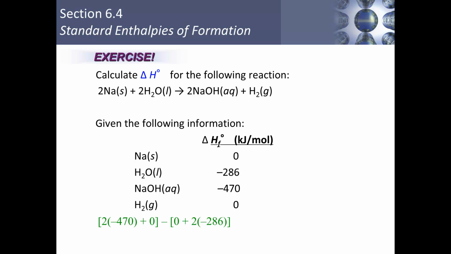The heat of formation for hydrogen gas is 0, minus 0 for sodium, plus 2 times negative 286 for water. And we should get a change in enthalpy of negative 368 kilojoules.